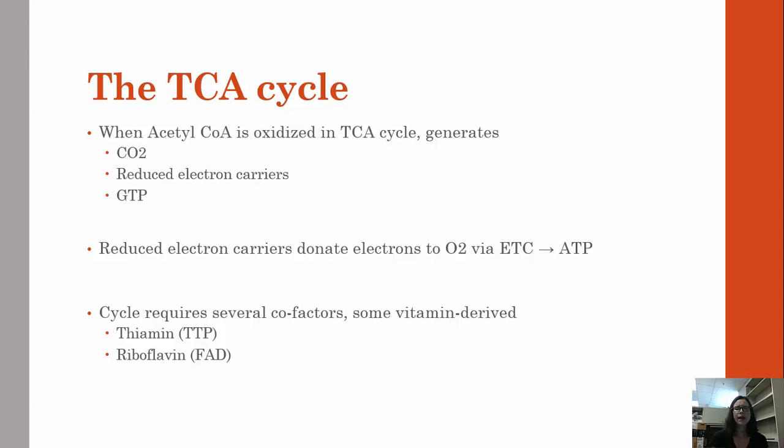Now this cycle has lots of cofactors, co-substrates, and coenzymes that are needed. So there's a lot of input that's really needed to make this work well. Some of the cofactors are vitamin derived, such as thiamine or riboflavin. So if we have a deficiency of these, our TCA cycle may not work as well or at all.